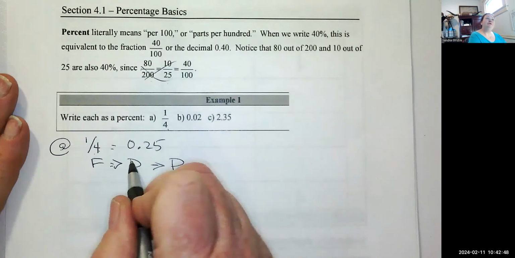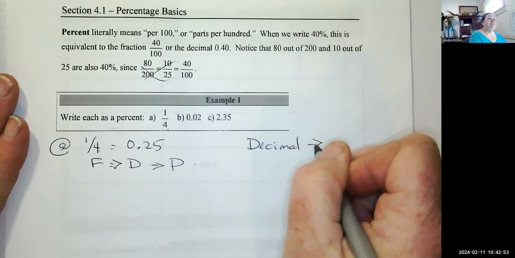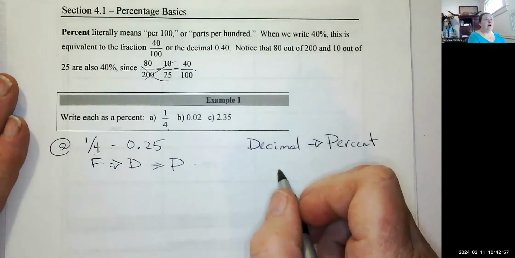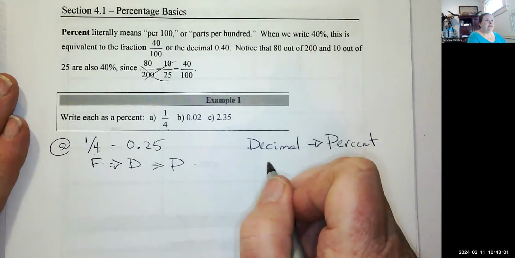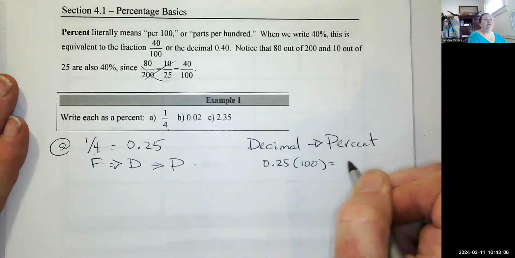To get from a decimal to a percent, you're going to have to do this a lot in this section and in the next two modules as well. You take the decimal, multiply it by 100, and then add the percent sign.